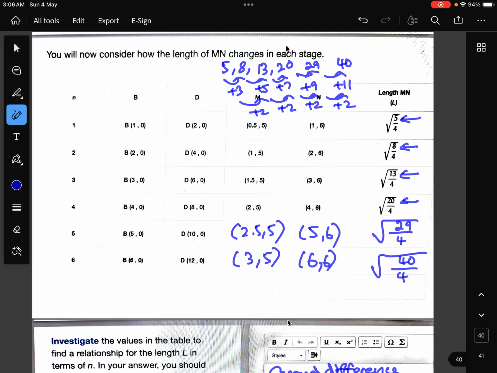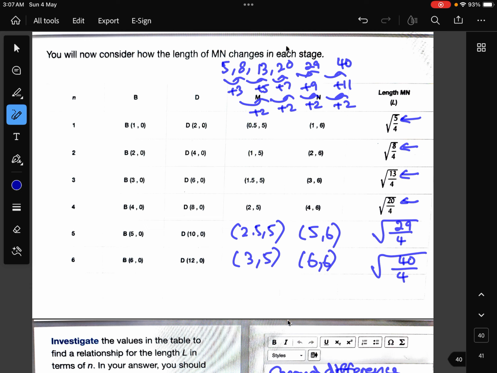There are several rules that we can look at as well. Some of you may say that the difference between the numbers for the numerator is an odd number. Well, technically there's really nothing wrong with this as well.